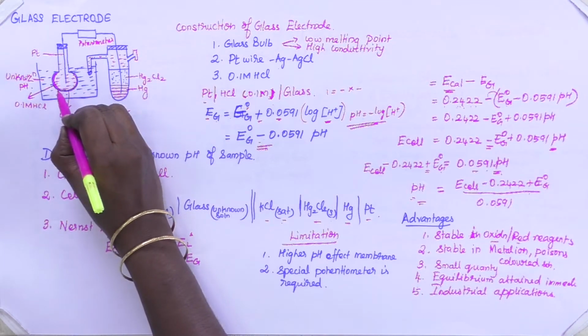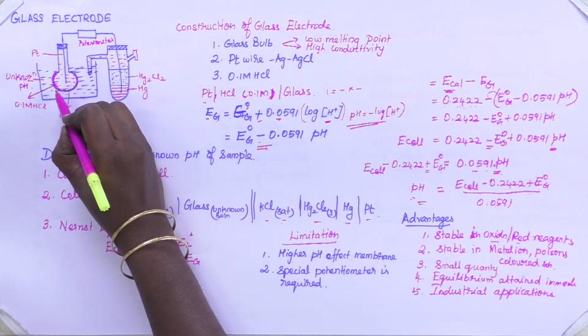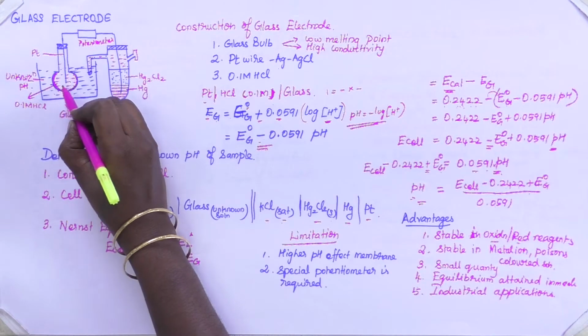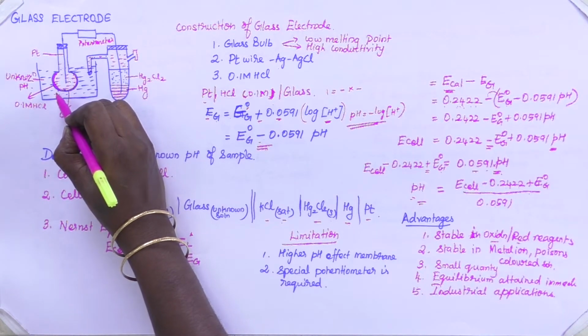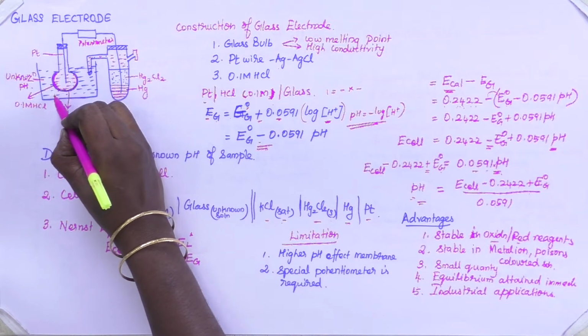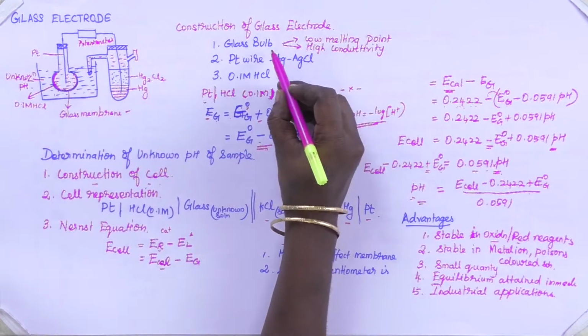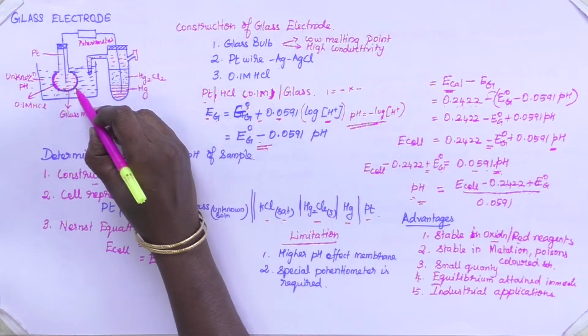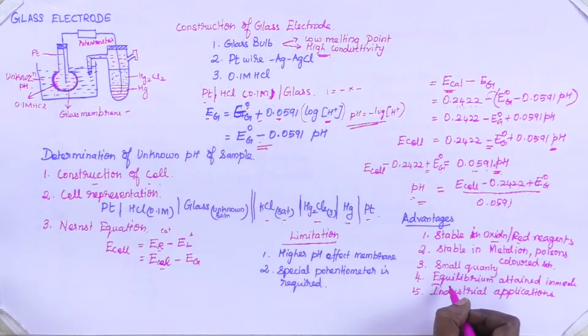The membrane separates the known concentration H plus ion solution and the sample solution, and this makes a potential difference, which initiates the exchange of the H plus ion from the membrane to the solution. The bulb is a special type of membrane which shows high conductivity, so the equilibrium of ion exchange in the glass electrode is attained immediately after placing it in the sample solution.